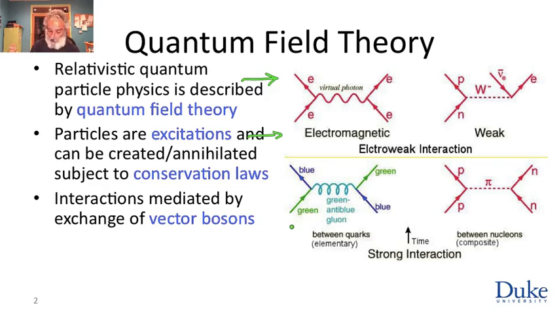For example, the interaction shown here conserves color in the sense that a green quark, maybe an up quark, emits a green anti-blue gluon, turning into a blue quark, so both green and blue color are conserved here, and that green anti-blue gluon can be absorbed by a blue quark that turns it into a green quark. So you see that this conserves color in the same way that this conserves electric charge.